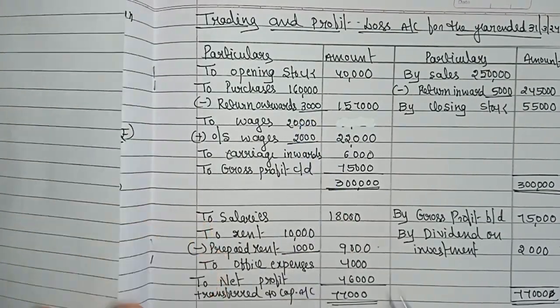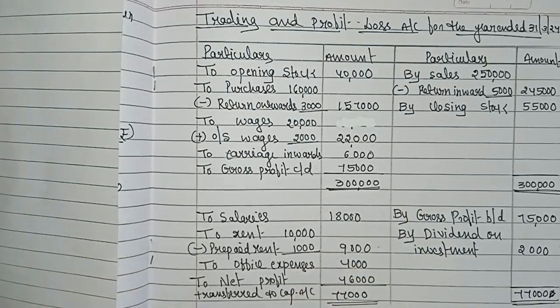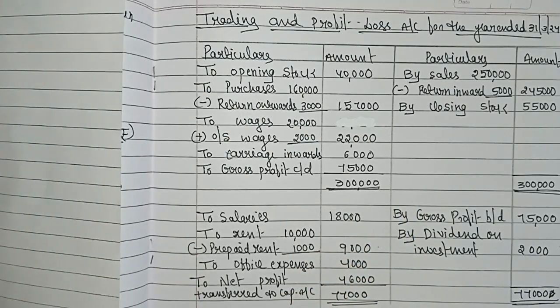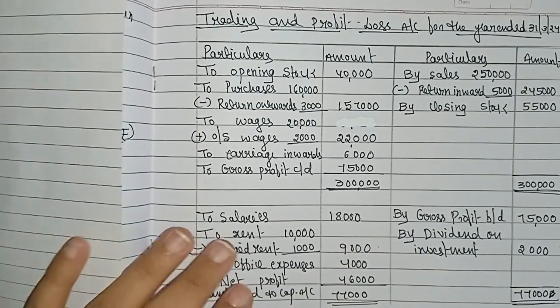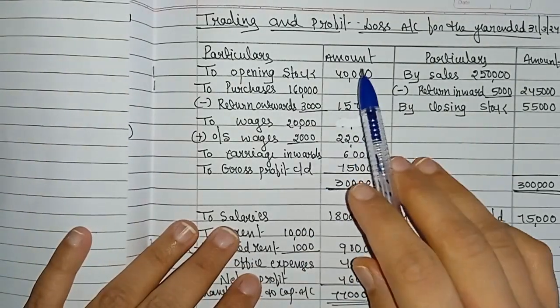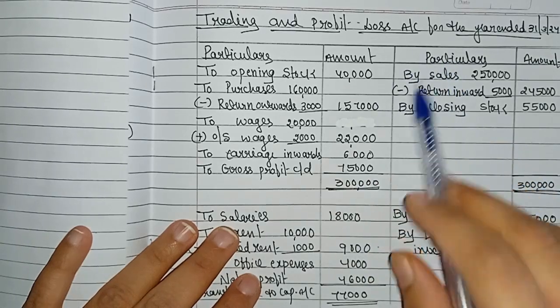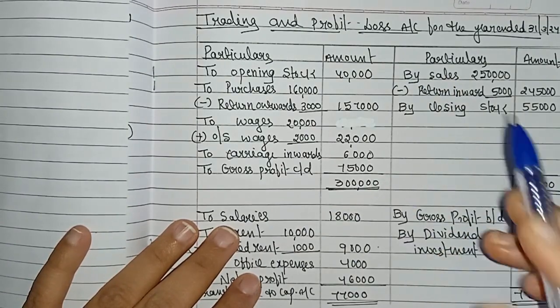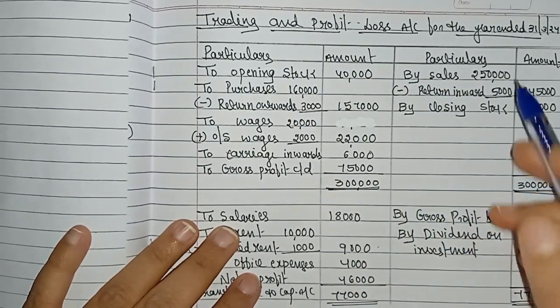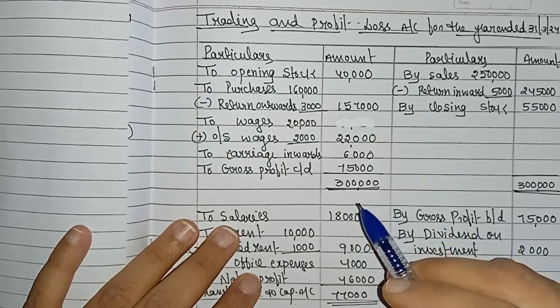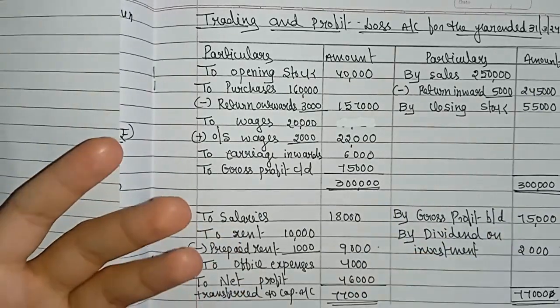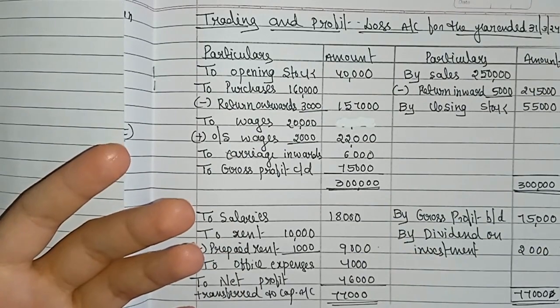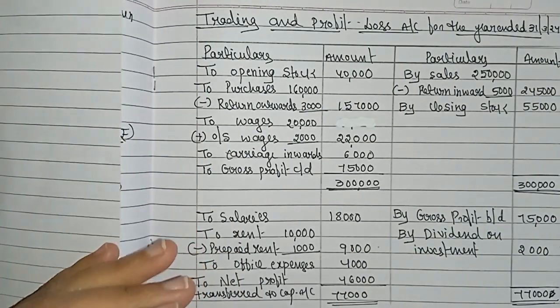Return outwards, it means what? It means goods returned by us to the supplier. For example, assume this trading and profit and loss account is related to Mr. Ram, right? So here Mr. Ram is returning the goods to the supplier. Clear? That is due to damage or poor quality. So what we have to do?